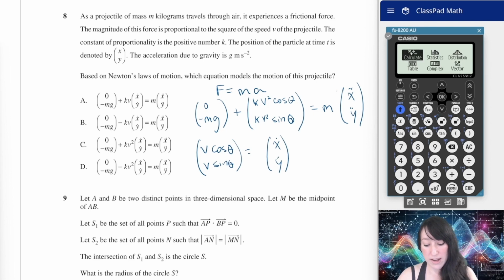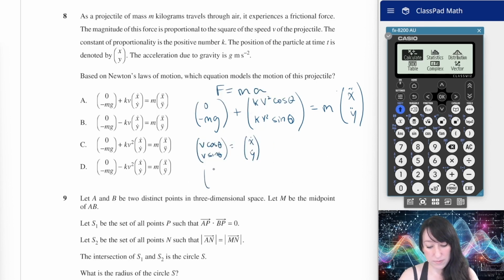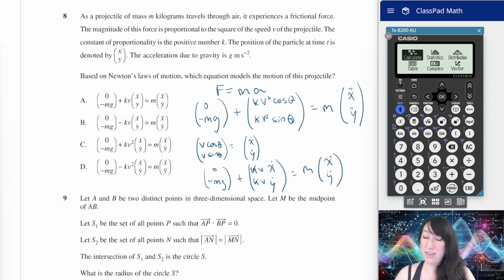So we can rewrite that second vector by using one of the factors of v in v squared to create the vector for velocity. And then if we pull out that constant kv from that second vector, we will get answer B.